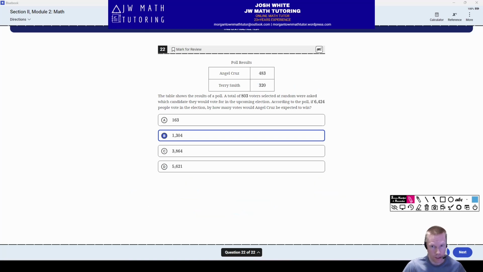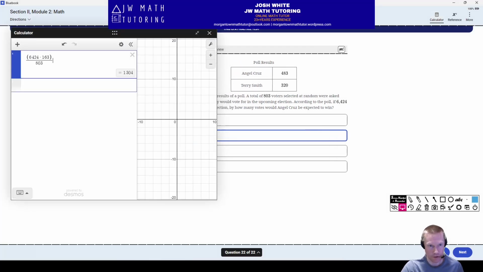Now, the alternate way of doing this would be to split up the 6424, find how many votes each would get out of that total, and then subtract and find the difference. So I'll just confirm that we're still going to get the same answer.